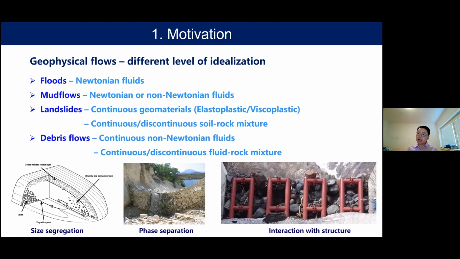So we have different levels of idealization, and depending on your selected idealization or assumption, you can choose a method of different levels of complexity. And to be able to model all of these phenomena, we need to have some requirements for the method you use.